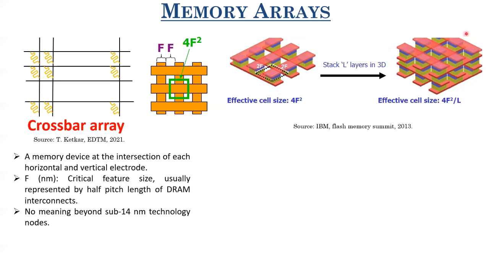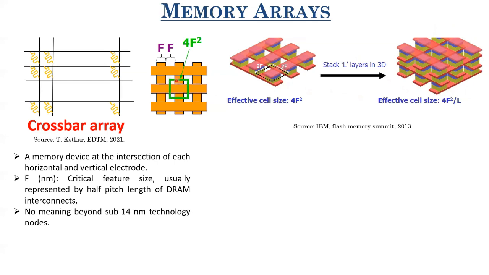So just by ensuring this orthogonality in laying out these metal lines, the top electrodes and bottom electrodes for the individual cells, you can realize a 3D integrated cross-point memory array where the effective cell size reduces by a factor of L, where L is the number of layers that you have. So in the same amount of area, earlier you had one cell with an area of 4F square.